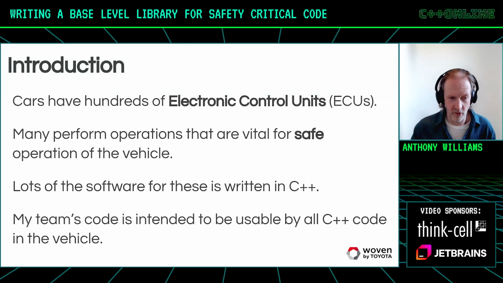And so our code consequently needs to make sure that it conforms with all the appropriate safety standards and specifications, because if we're intending it to be used for all the C++ code in the vehicle, that includes those things which are necessary for the safe operation, whereas other parts of C++ code might not be necessary for the safe operation.